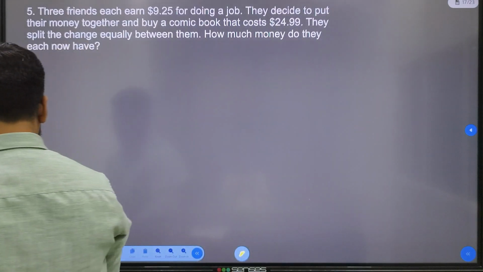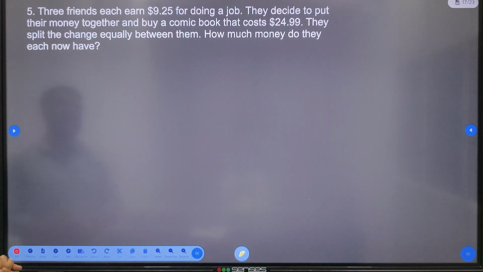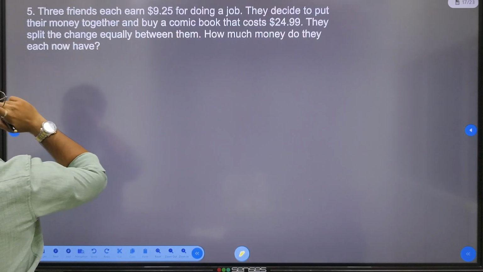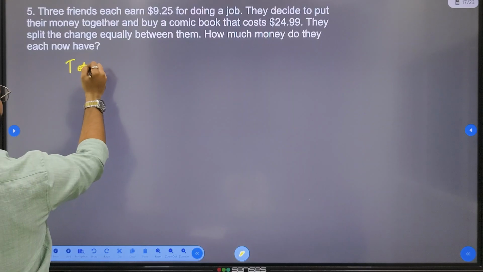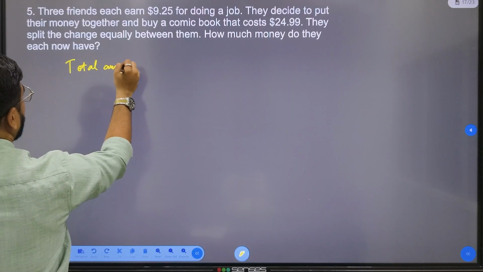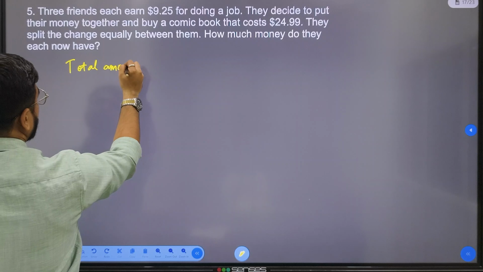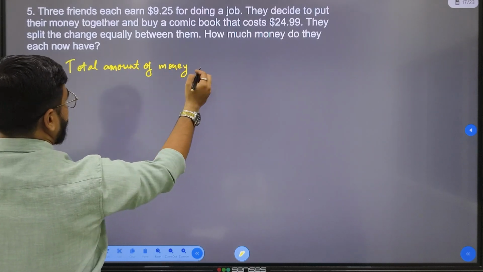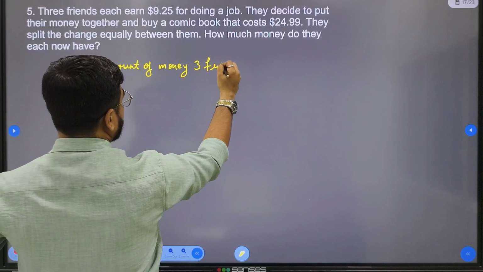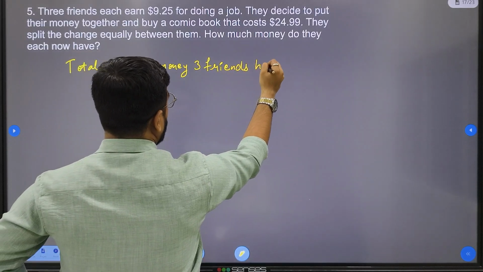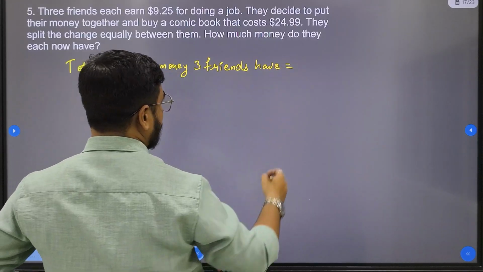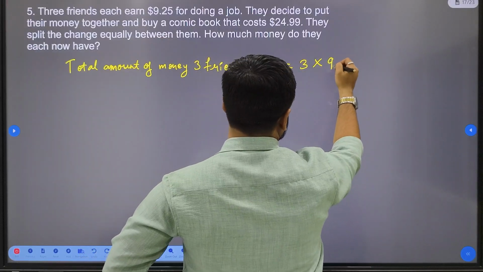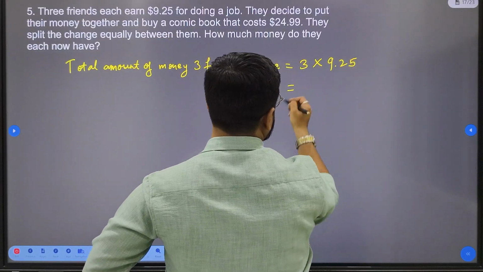So this is an easy question. First of all, as we know, there are three friends. So the total amount of money three friends have is 3 into what each of them earns, $9.25.